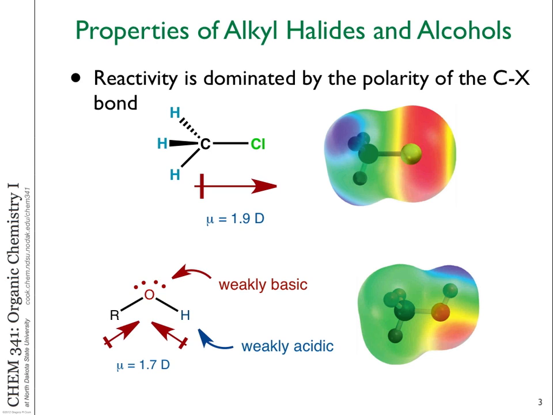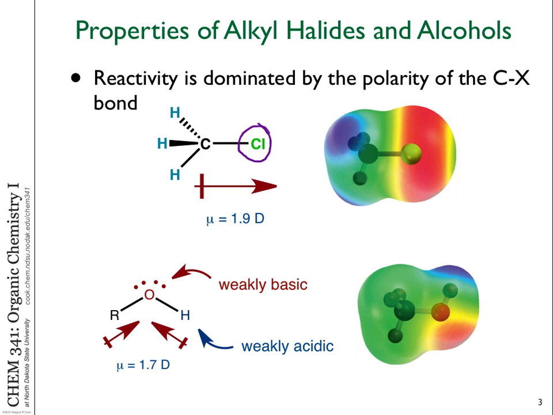The reactivity of these two functional groups is dominated by their structural features, partly the electronegativity of these atoms. For example, with halogens, in this case chloromethane, chlorine is significantly more electronegative than carbon, and so the bond is highly polarized.